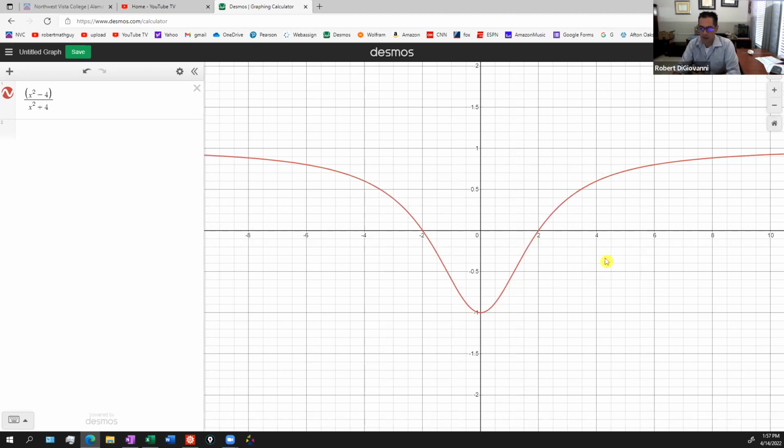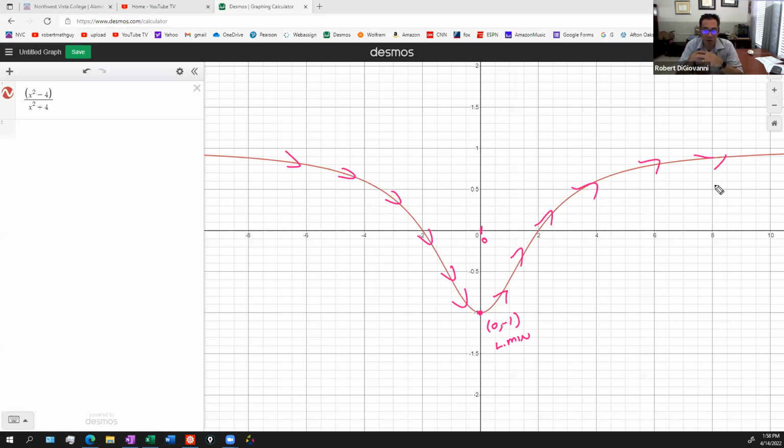Notice that at 0 down here, we have that point (0, -1), right? That's a local minimum. Notice that to the left of 0, our function is decreasing. But as soon as we get past 0, it starts to increase, right? We've determined all that, haven't we?